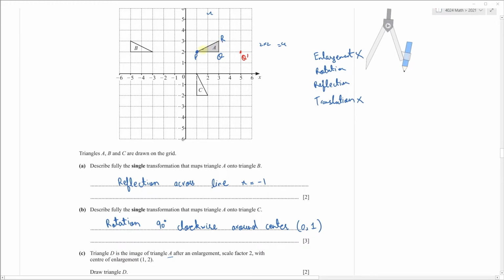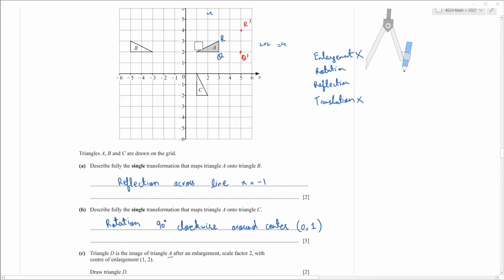Now let's look at R. So R is this distance. If I double this, I'll go in this direction, I'll end up here. So this distance is double of this distance. So this will be R prime. And P prime will be at the same point because P is the center of enlargement, distance is 0. So if you double the distance, 2 multiplied by 0 is again 0. So P prime will be at the same location.